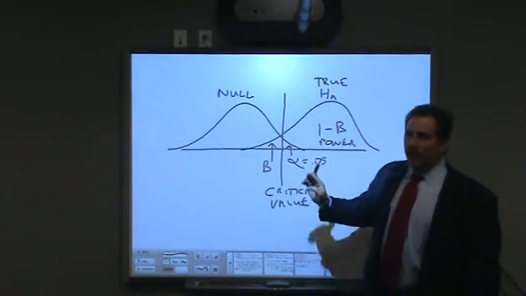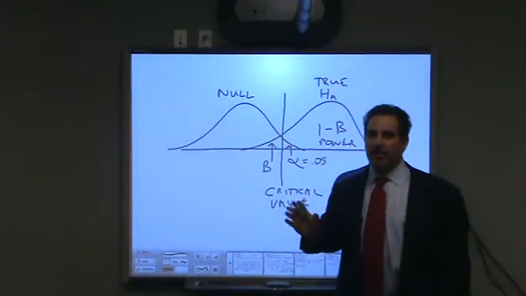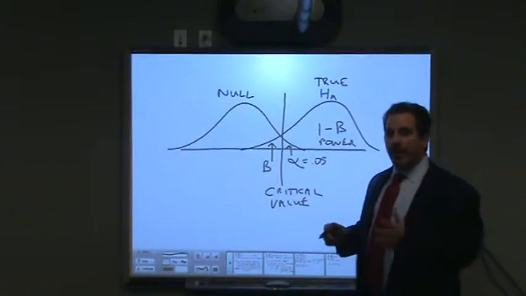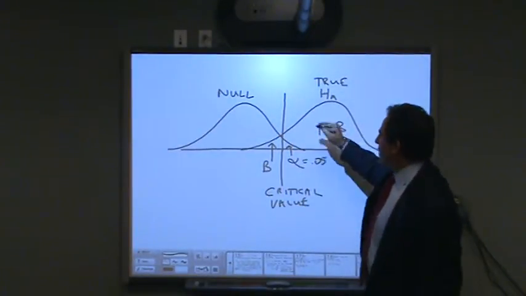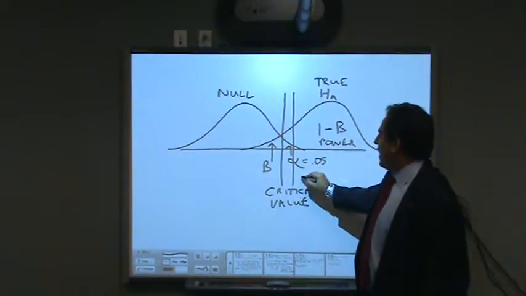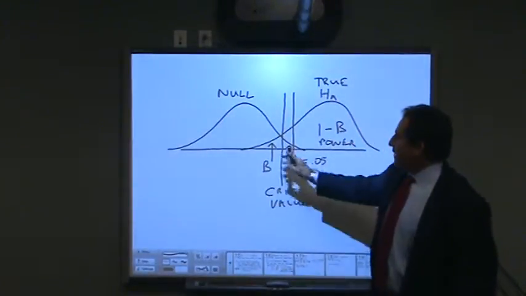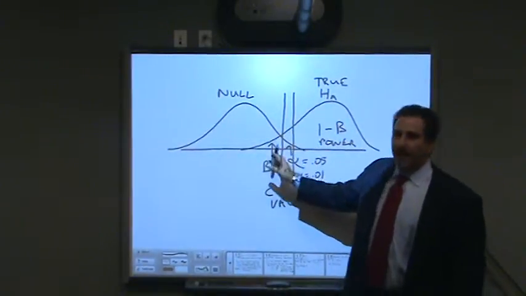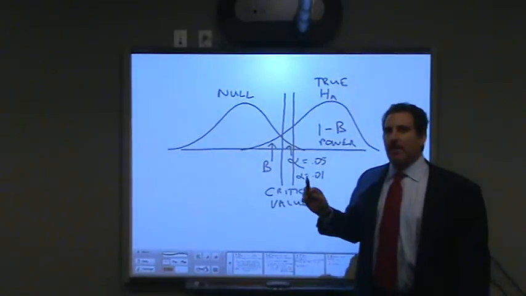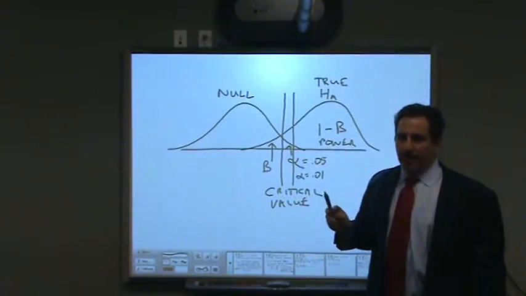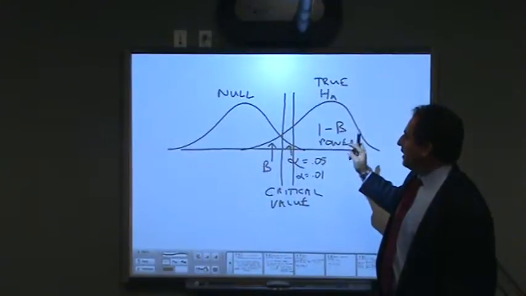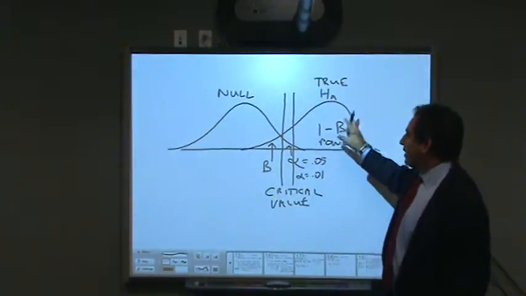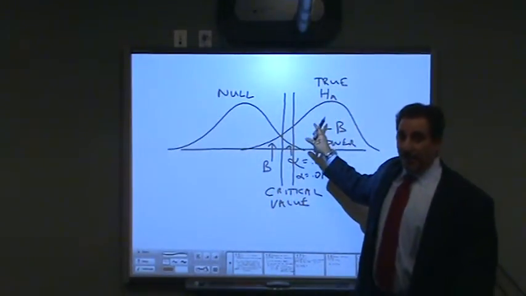Now, what if I said, you know what? I really don't want to make a mistake here, because that would just have terrible consequences. I could get more rigorous in my critical value and say, I'm only willing to accept an alpha of 0.01. Now, do you see when I move this up like this, what is happening to the area defined as beta, which is your chance of making a type 2 error, which is saying that the null hypothesis is true when actually the alternate hypothesis is true.